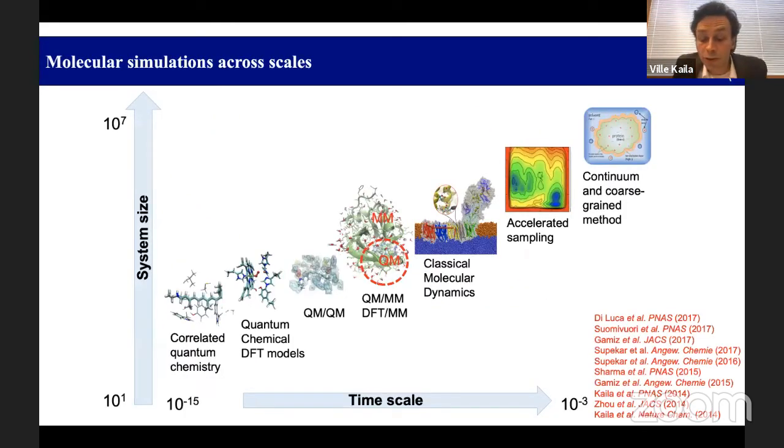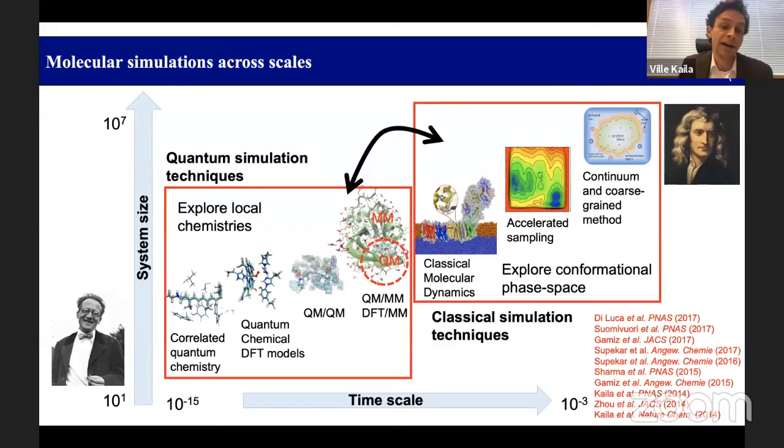This has been introduced many times in this workshop already, but maybe I just highlight a little bit the philosophy that we are using in my lab to study this system. To explore enzymes, you of course need to treat the chemistry. And for treating the chemistry, the quantum chemical methods provide a very powerful toolbox.